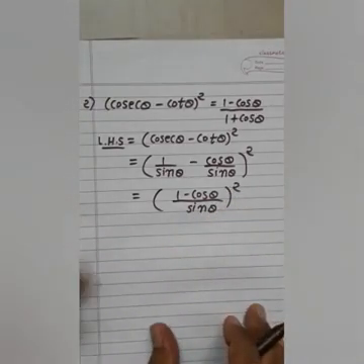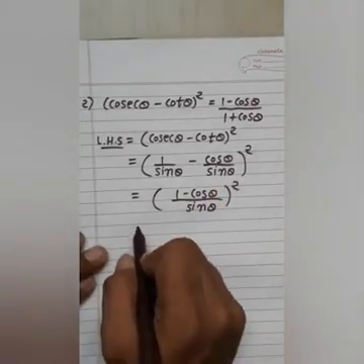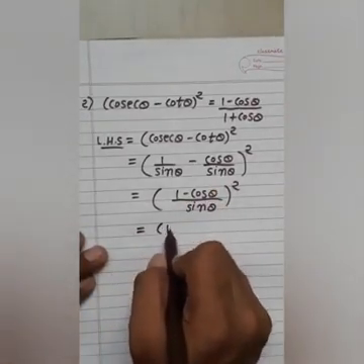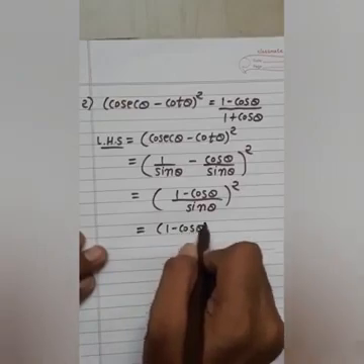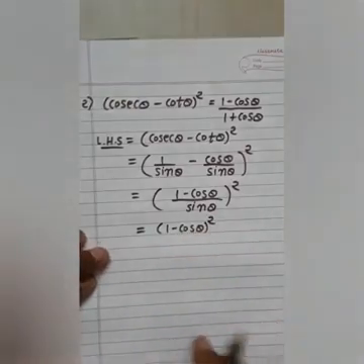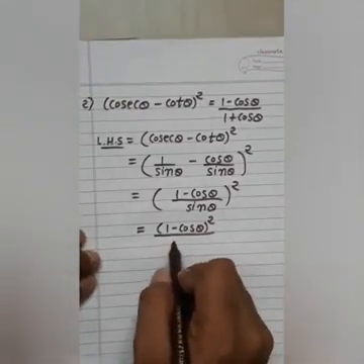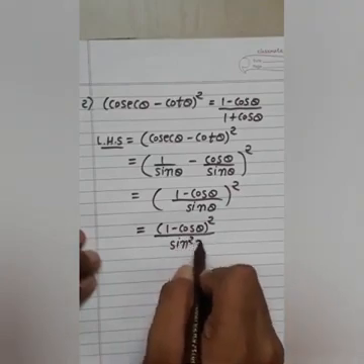Now apply the square in both these terms separately, so it is equal to 1 minus cos theta whole square upon sin square theta.